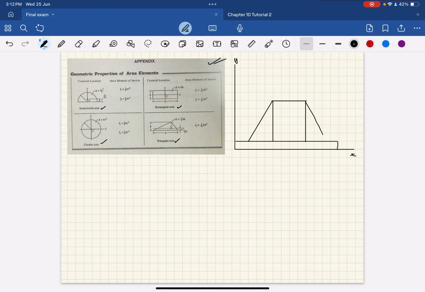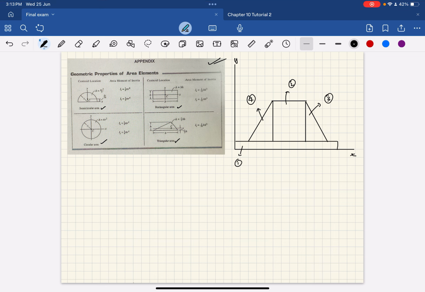So this is a reference diagram which looks something like this. I know it's not very accurate, but you don't have to worry about the accuracy in your exams. I split it into a rectangle, which we call section 1, another rectangle, section 2, a triangle we call section 3, and another triangle we call section 4. So this is the reference diagram.